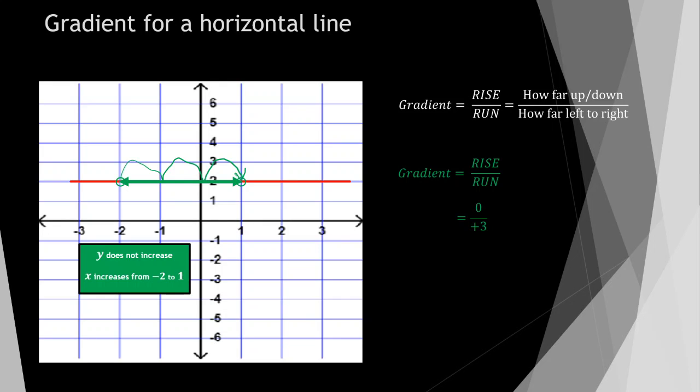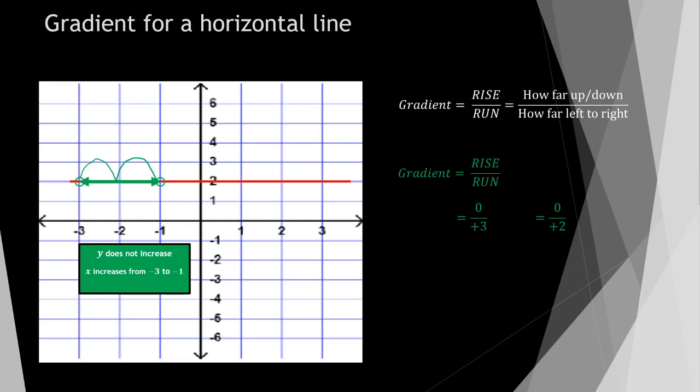Or we could pick another set of points, okay, and we can say that here we have our rise again not going up or down, being 0, and our run going from -3 to -1. Okay, so that means that our run is 2.